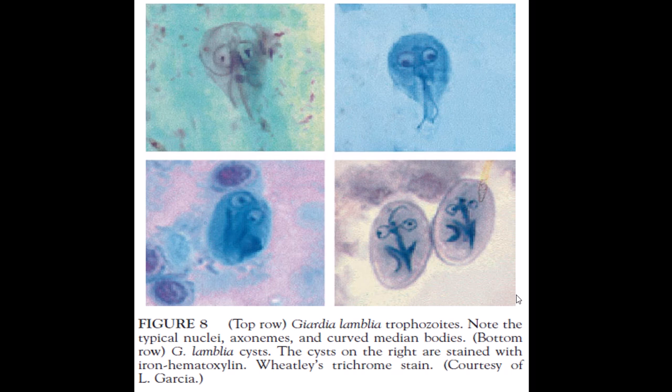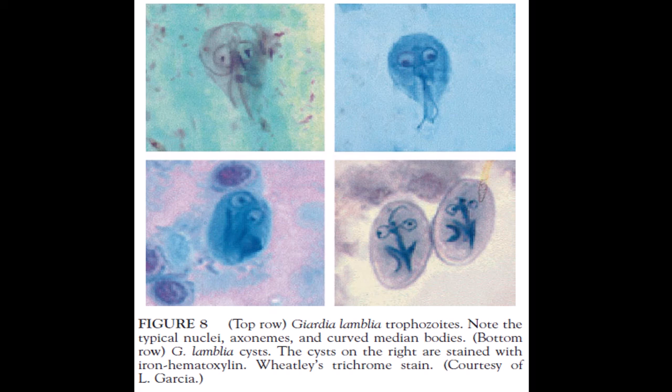Other protozoa that also can be associated with the severe watery type of diarrhea, usually non-invasive, is Giardia lamblia. And the Giardia lamblia is associated with disease, as you know, called giardiasis.